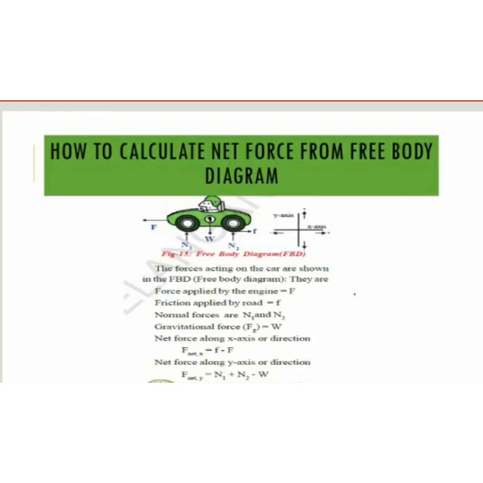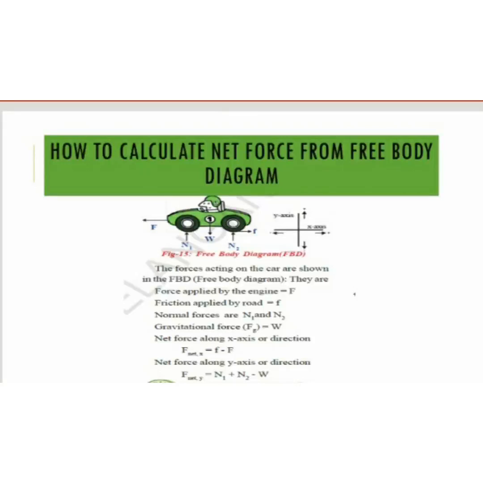Now the net force along the y-axis. F net acting on the y-axis is equal to N1 plus N2, because if both tires combine, the car is moving forward, so it is in a positive way. It is not opposing. Both should function properly and help each other so that the car moves forward. That is why we do N1 plus N2, and then we subtract the gravitational force. Why?